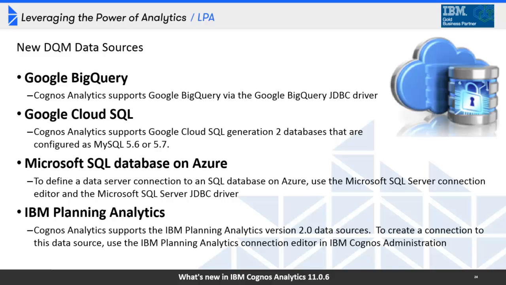So that's good news for those of us who own both Cognos Analytics and Planning Analytics, which a lot of people know as TM1. Planning Analytics Local is TM1. Planning Analytics without the local is the cloud version of that offering. So Planning Analytics support in Release 6, along with some Google and some Microsoft Cloud support.